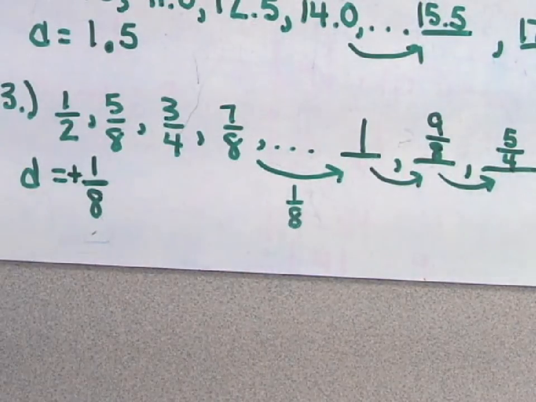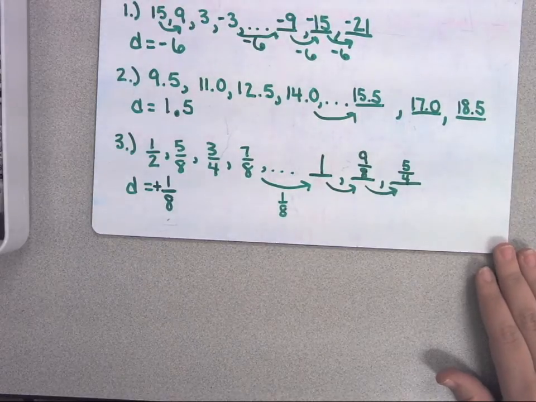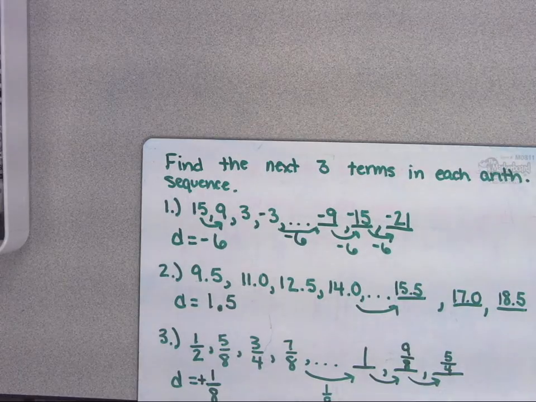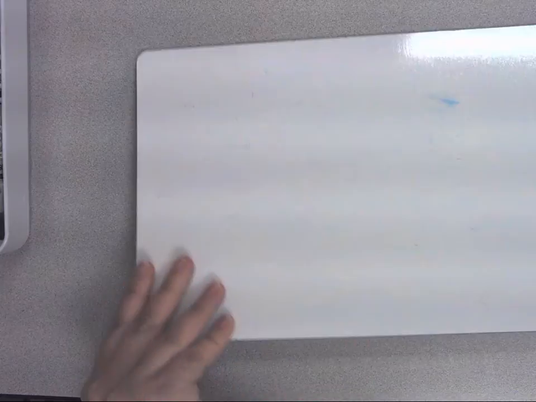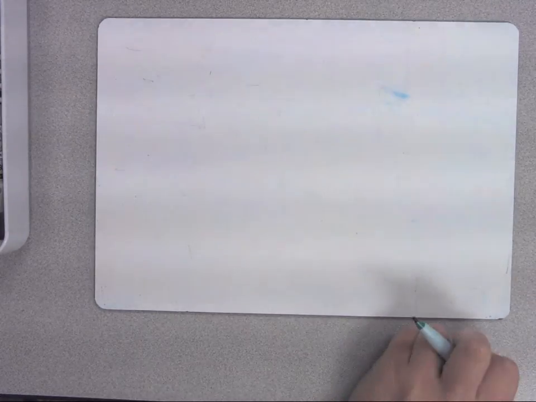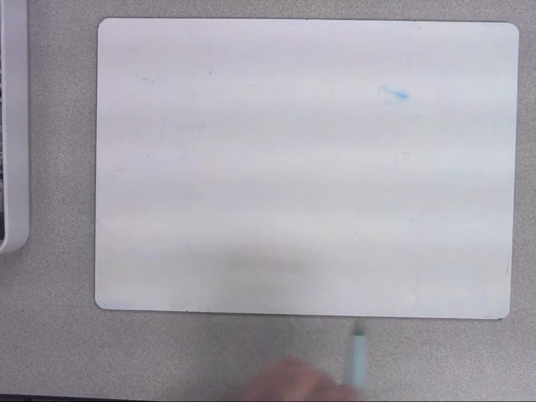Okay, now let's zoom back out. That's the second part. The third part is this. Now, that is all nice and dandy if I say just find the next 3 terms. But if I said, could you tell me the 100th term? Could you imagine?